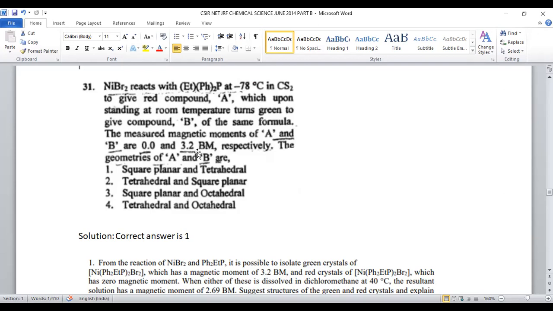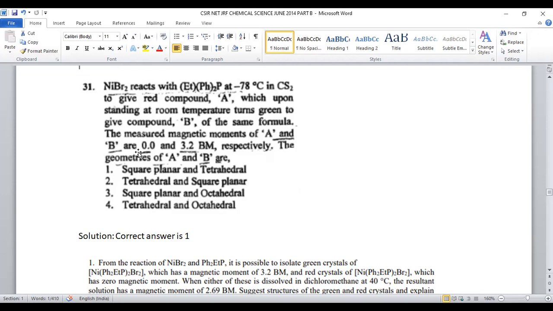because it is a very simple parameter. We can assume that square planar complexes are always low spin, and spin pairing will always be there. Whenever tetrahedral is given, they are high spin complexes. High spin complexes have parallel spins, so spin pairing will not be there. So from the magnetic moment data, you can assume which compound has what kind of magnetic moment.